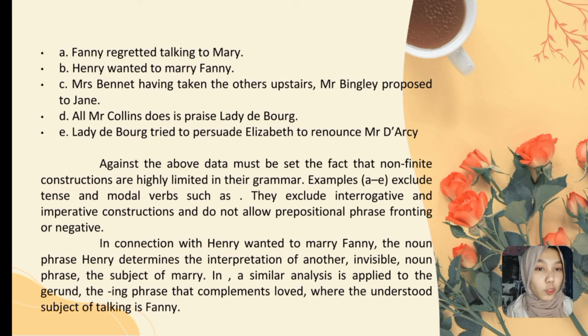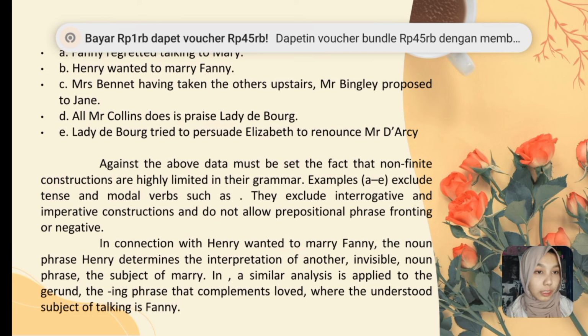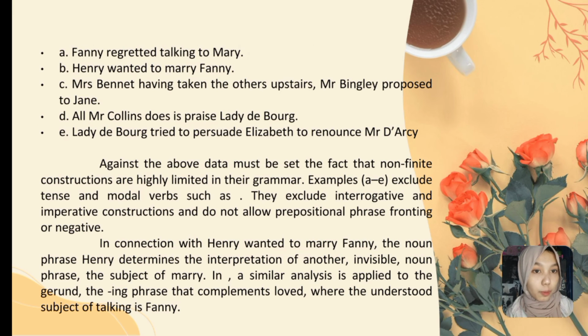In connection with Henry wants to marry Fanny, the noun phrase Henry determines the interpretation of another invisible noun phrase, the subject of marry. A similar analysis is applied to the gerund, the complement of regret, where the understood subject of talking is Fanny.